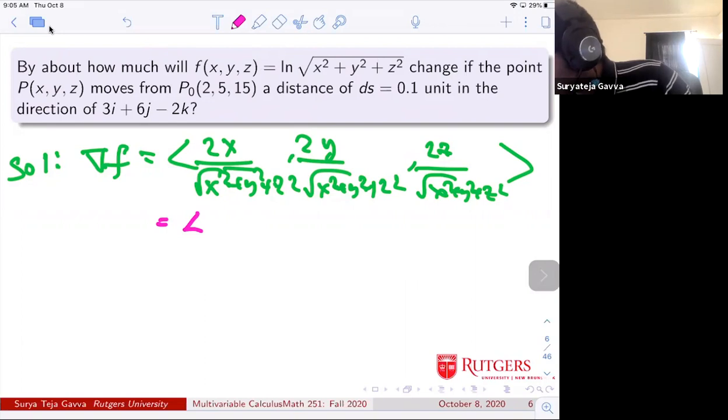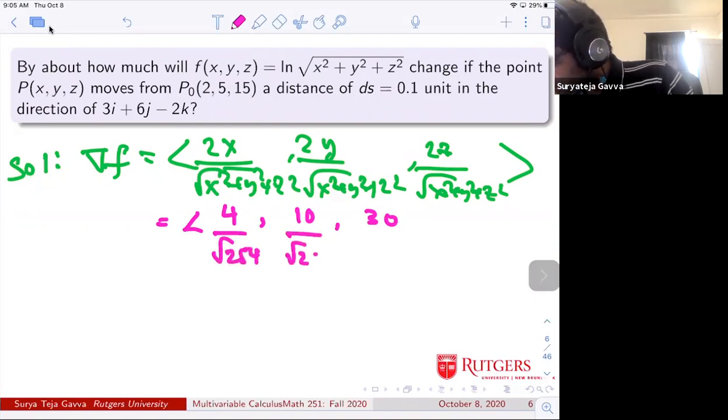Something is off. Let's compute. 2 squared plus 5 squared plus 15 squared. So this is first of all 4, 10, 30 in the numerator, and the denominator is 4 plus 25 plus 225, which is 254. Let's check this.